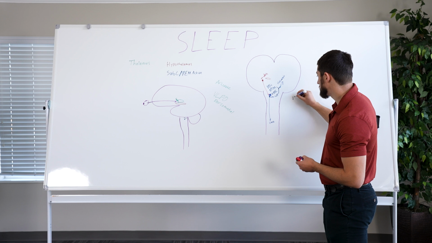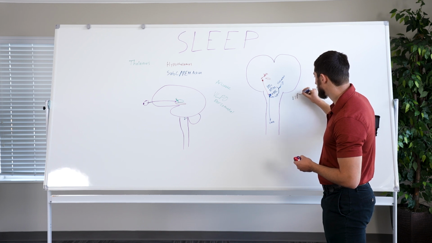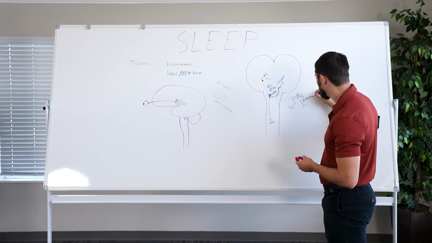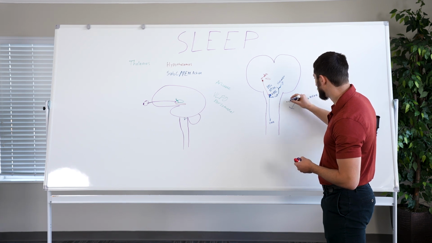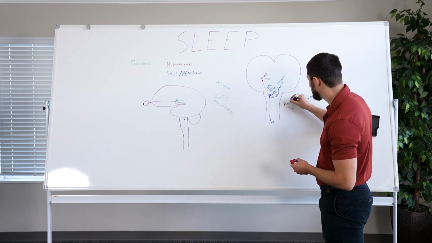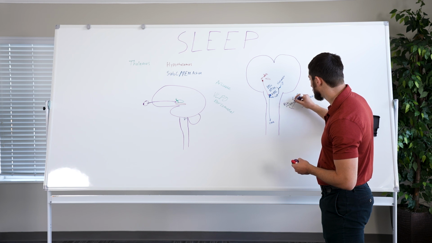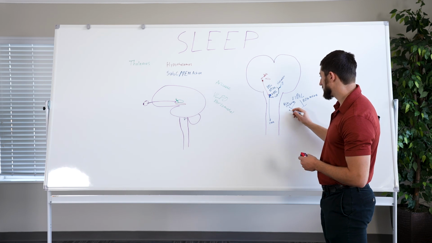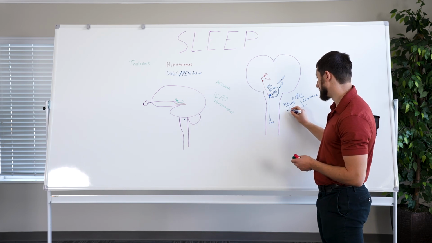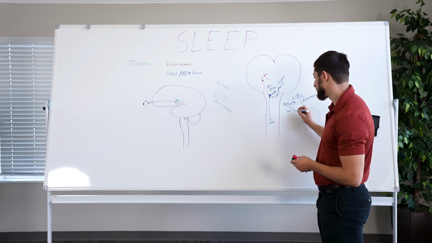The VLPAG has two kinds of neurons there. So it's got a REM active type and a REM inhibiting type. Okay, so the REM inhibiting is ultimately going to inhibit the sub-C, so you can't get there.